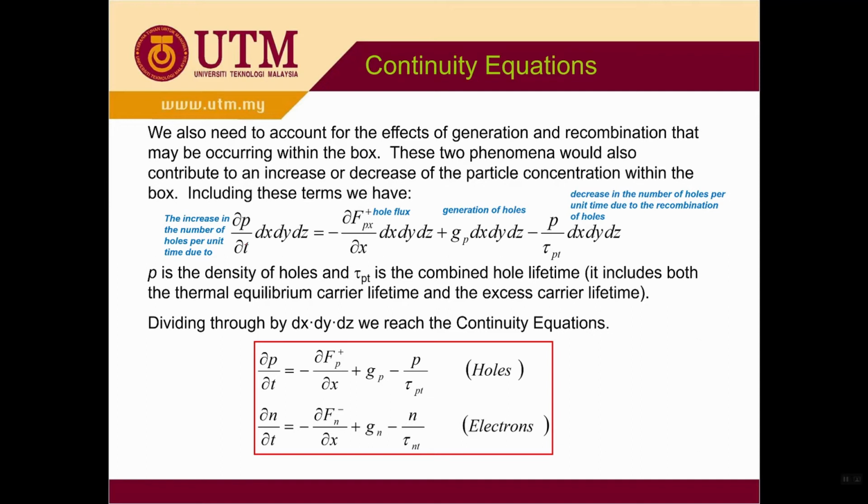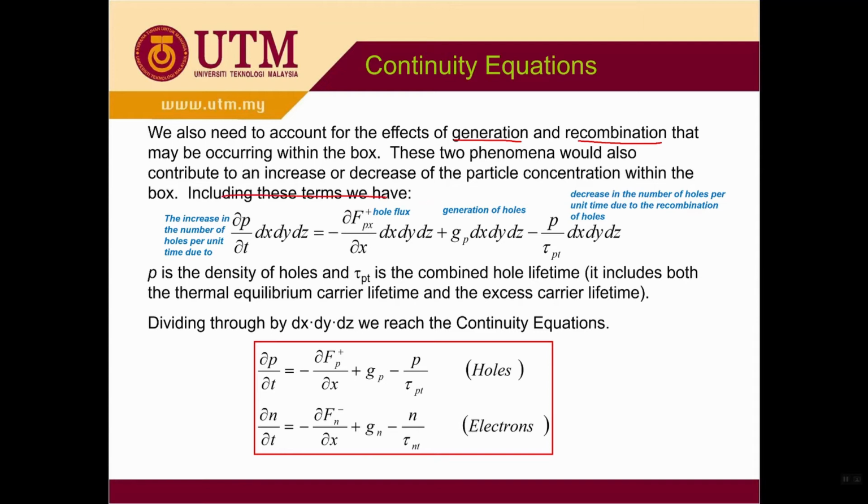Once you have solved that, you also need to take into account the generation and recombination that we did before, which might be occurring in the box. These two phenomena will also contribute either to increasing or decreasing the particle concentration within the box. Therefore, you have to add these.